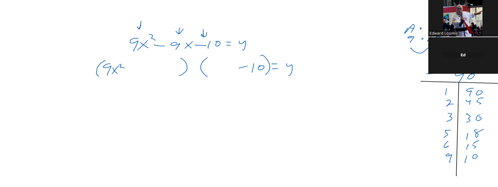So when I look at these t-charts, anything in the t-chart will multiply to give me 90, but there's only one that will subtract to give me 9. And that would be 15 and 6, because 15 minus 6 gives me 9.